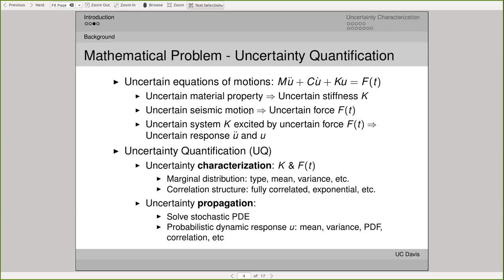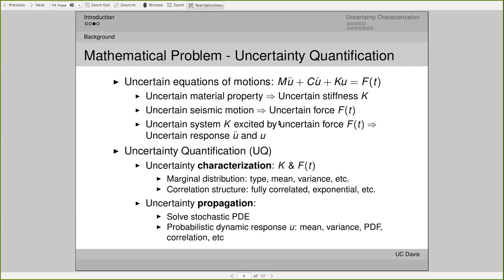These uncertain seismic excitations will also contribute to your right-hand side, the uncertain forcing term. So eventually we will have a system that has uncertain stiffness and is excited by uncertain random forcing, and that will lead to an uncertain probabilistic structural response. It might be a probabilistic displacement, velocity, or acceleration.